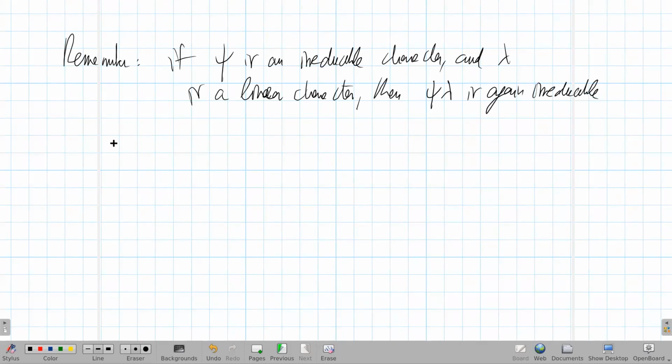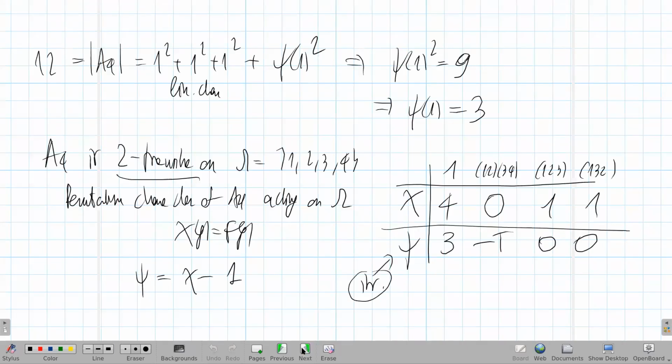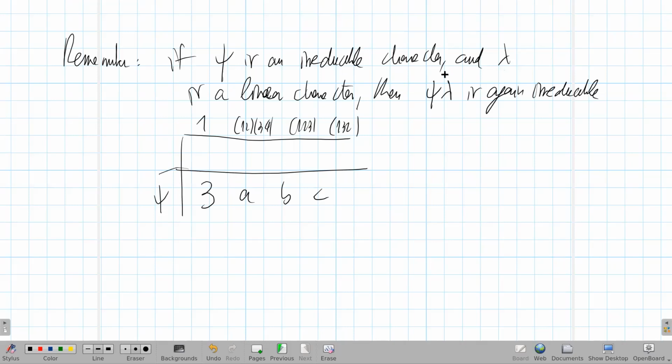So if we look at the missing character, what we knew is that it has to be a character of degree 3. Suppose we don't know it exactly, so we know that this character is 3, a, b, c, the values on the four conjugacy classes. But then you know that if you multiply it by a linear character, you obtain again an irreducible character.